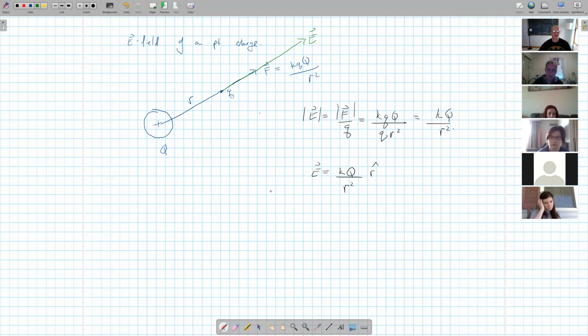Okay. So if I was looking at this point here, in this case, then the electric field would point down in this direction. So this would be my electric field. If I was looking at this point, electric field then would point here, again, along the line that connects center to center to where that charge would be.